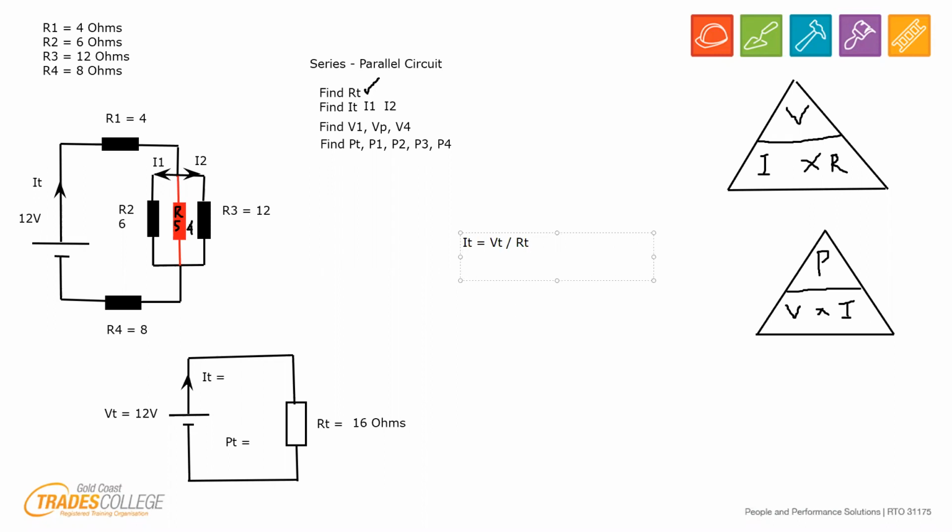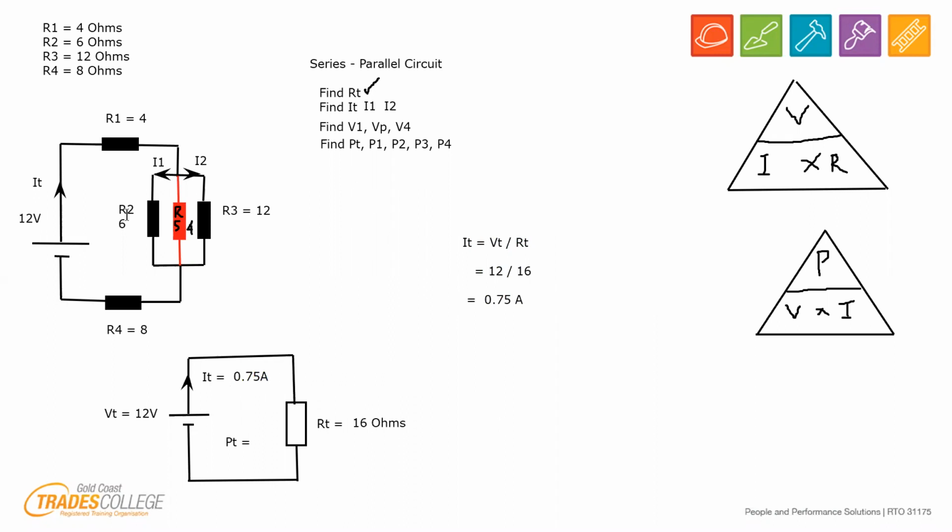We have a VT of 12 volts from the bottom picture, and we have 16. 12 divided by 16 gives me 0.75 capital A for amps. I'm going to write that in over here.